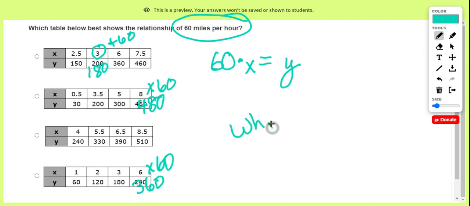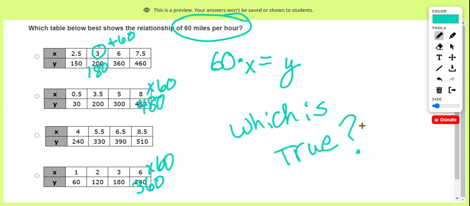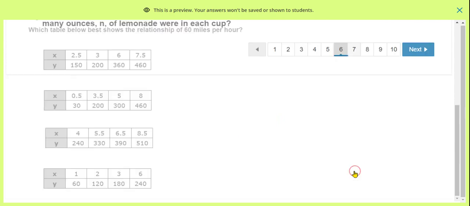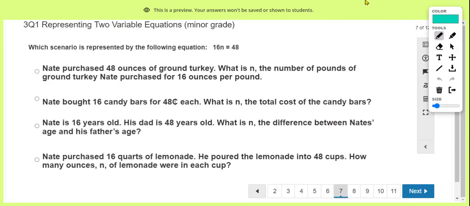So which is true? So this is a multiplying equation.